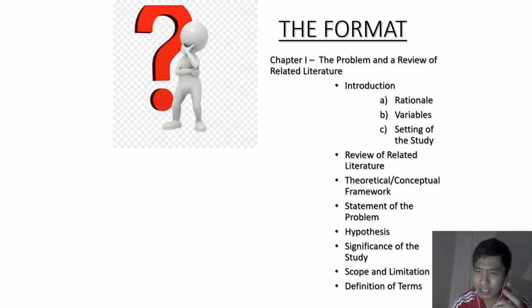There should be the introduction, the rationale, the independent variables, the setting of the study, and some review of related literature. In your related literature, you should show the existing knowledge, the existing researches about your study, and also the gaps of your study.